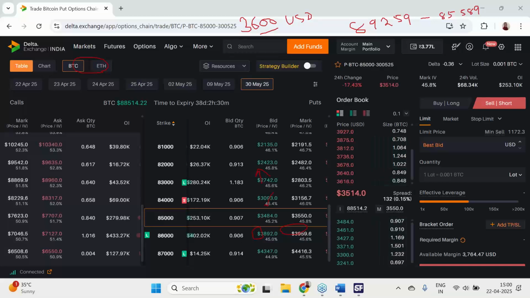If the price falls drastically, I will make good money, unlimited profit until zero. The risk involved is 3,600 for buying one quantity, one Bitcoin, of the 85,000 put option. One lot is very small, one 1,000th of that, so $3.6 if you are buying one lot.